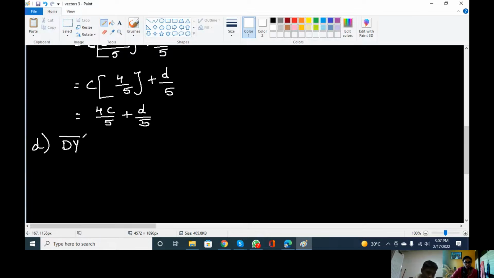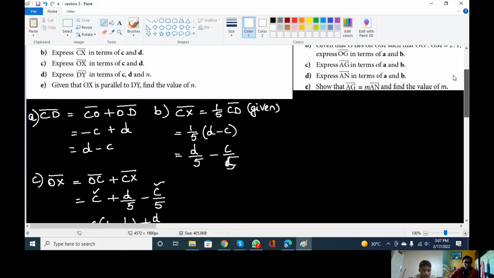DY vector is equal to DC plus CY. CD we know, so DC is just the reverse of this. Means we make negative as positive and positive as negative. So DC is C minus D.